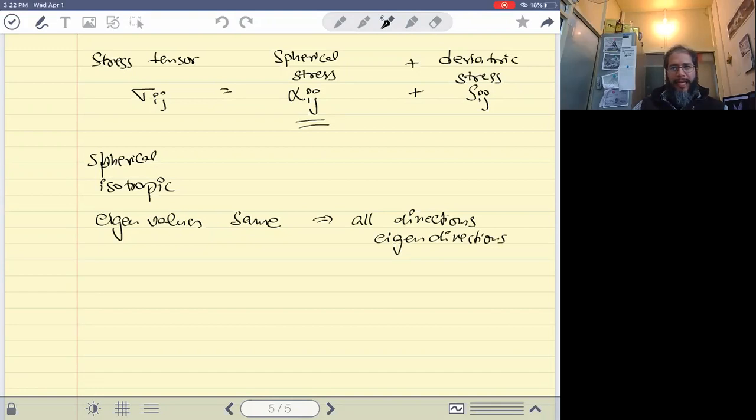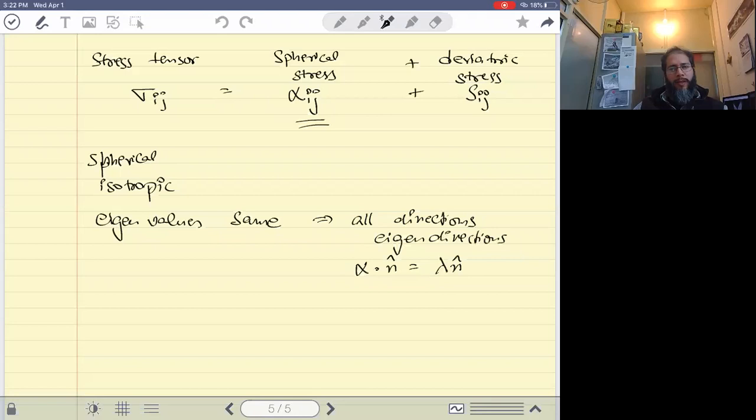Okay. That means you take any n hat and you write alpha dot n, and you end up getting something times n hat. Okay, that's the direction of eigendirections.